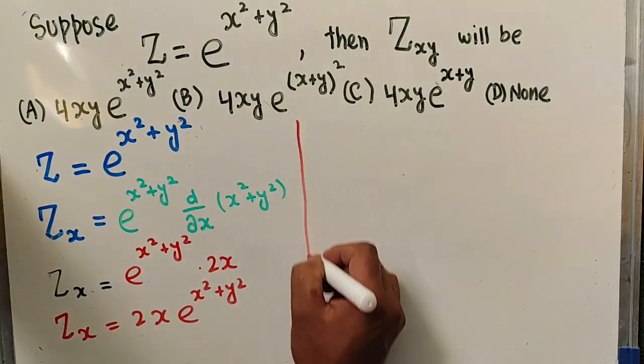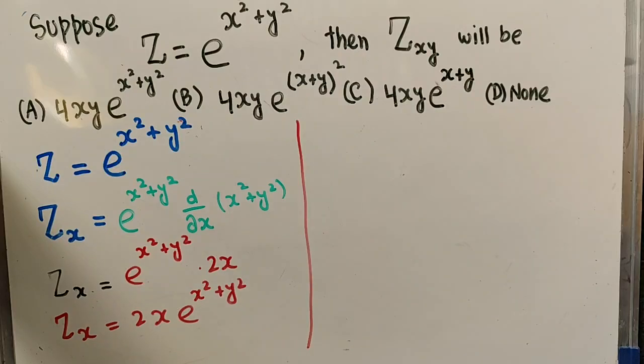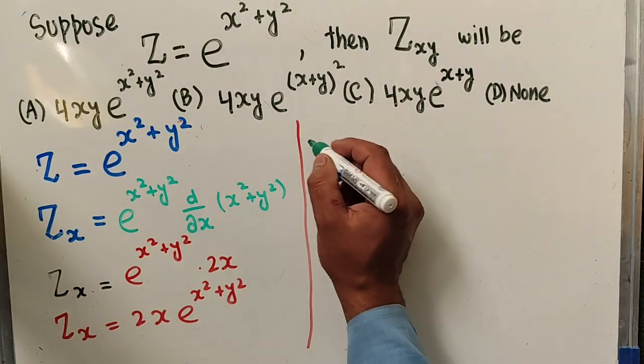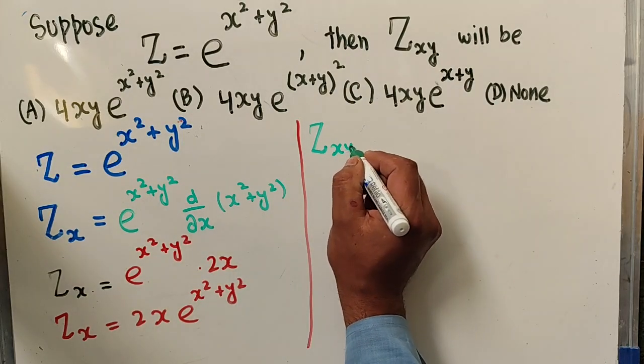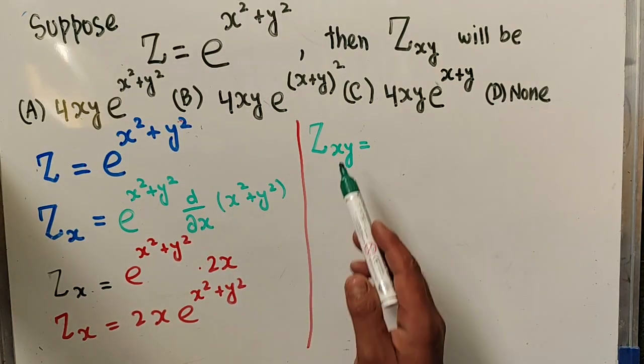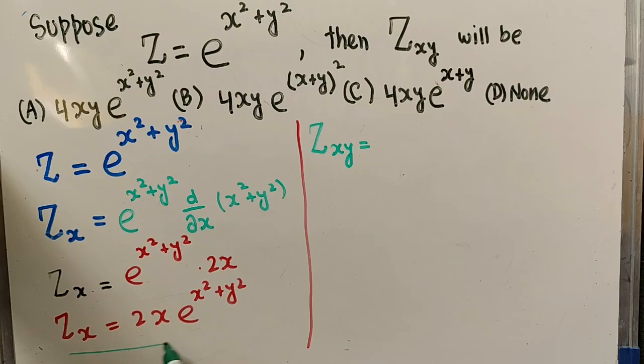Okay, but we are interested in finding out z subscript xy, that means the second order cross partial. z xy will be equal to the derivative of this function, this time with respect to y.